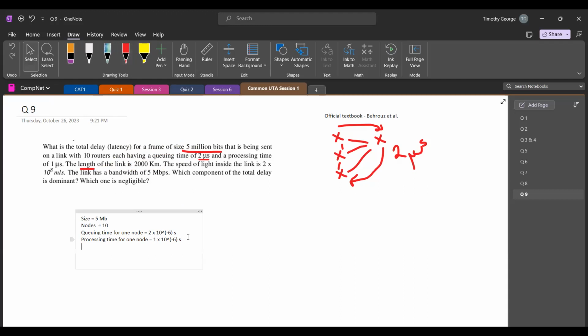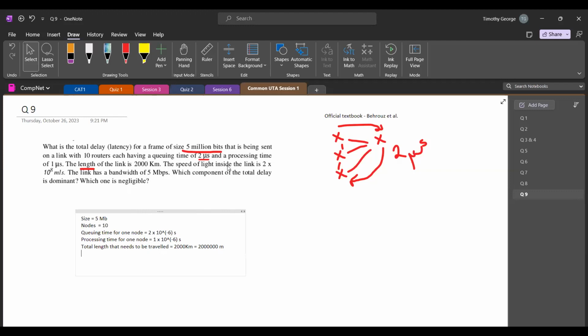So I'm going to write the total length that needs to be traveled: 2,000 kilometers. Let's simplify it now, that's 2,000 x 10 raised to 3 meters.